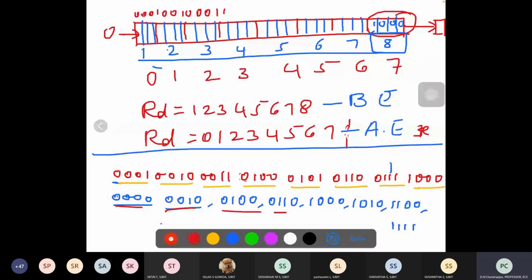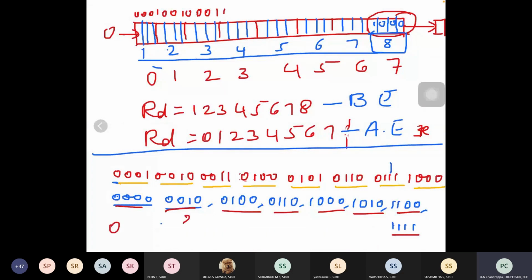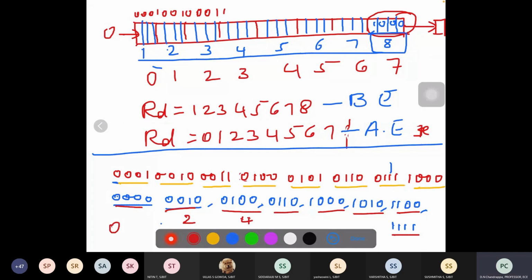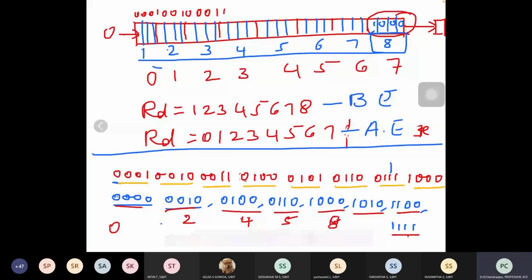So next byte, next I'm supposed to write this one here. What will return that 1 1 1 1. So now it is please mark it 1 2 3 4 5 6 7 8.